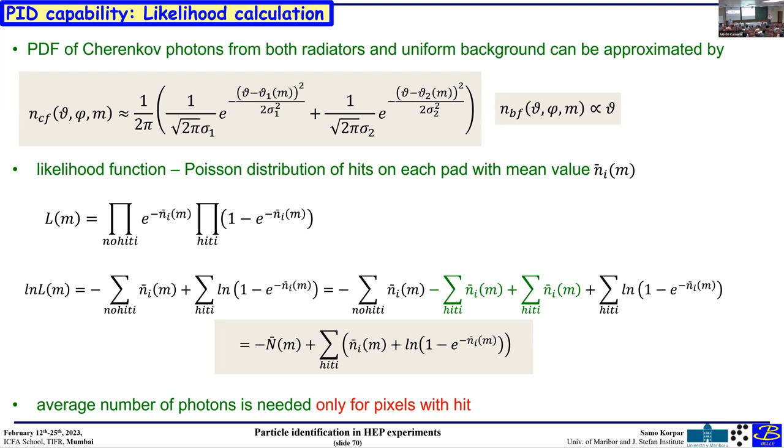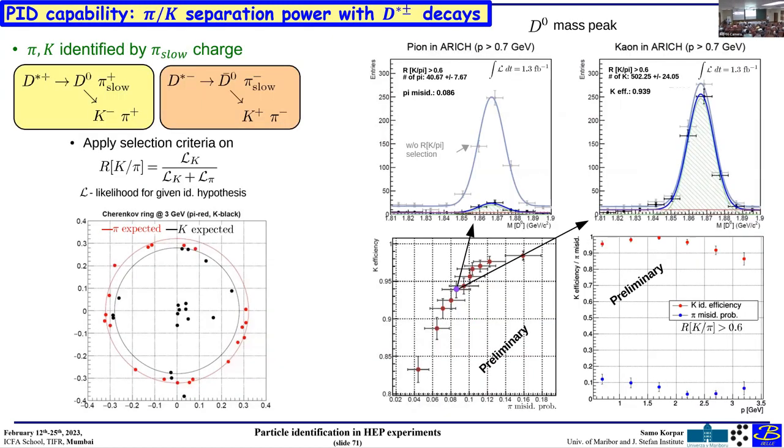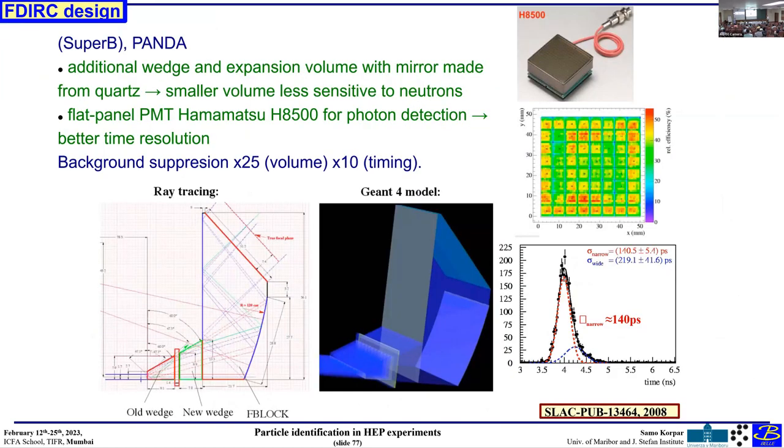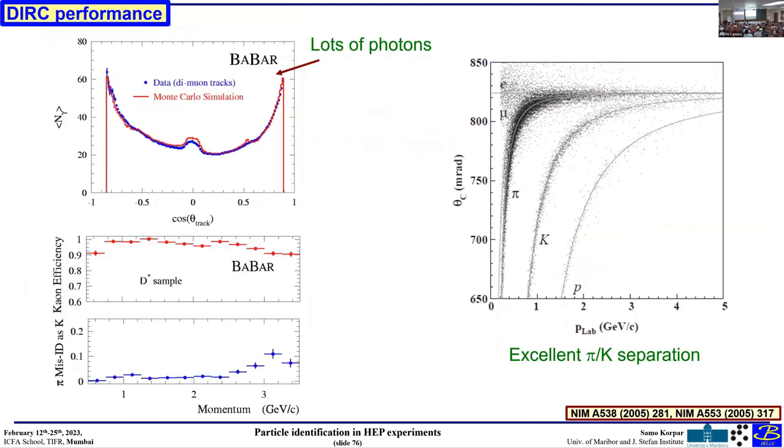My question is, on slide 77, you showed a theta versus momentum plot. Yeah, here the electron, muon, and pion occupy pretty much the similar space. No, actually, muon is very close, I would guess. You can see actually a very tiny line here.